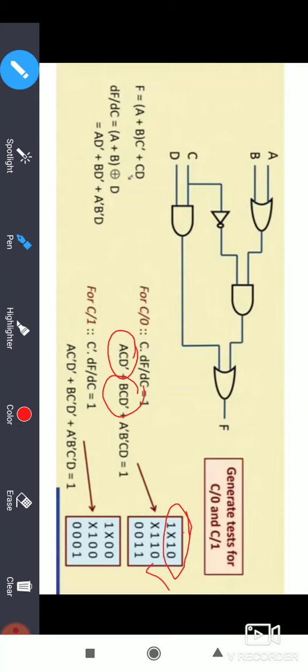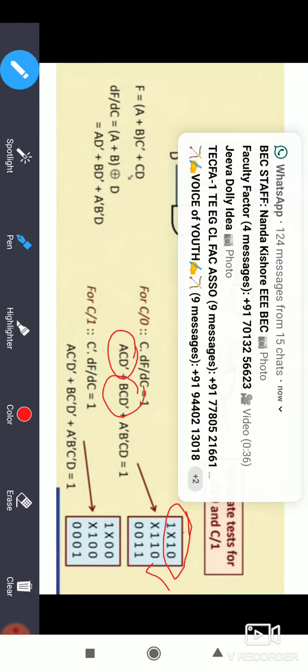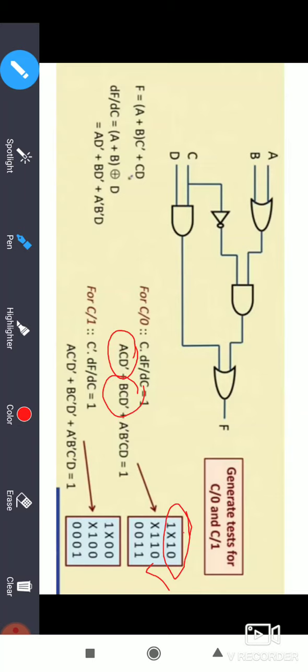In the third, four terms are there: A bar B bar means 0 0, CD means 1 1. For stuck at 0, we have three test vectors.